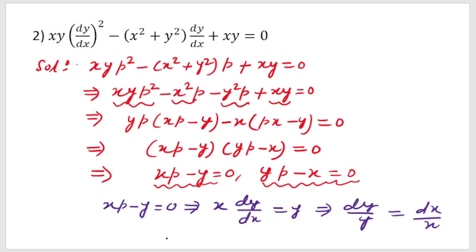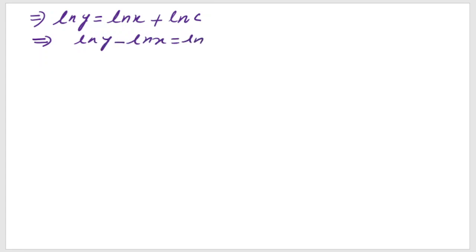Moving to the next page, if we integrate it, integration of dy by y will give me ln y, integration of dx by x will give me ln x, and I can add a constant ln c. If I combine them, I can write ln y minus ln x is equal to ln c.